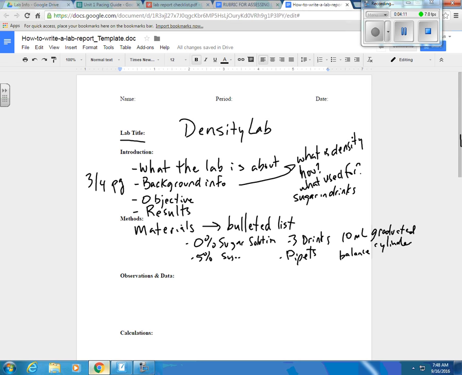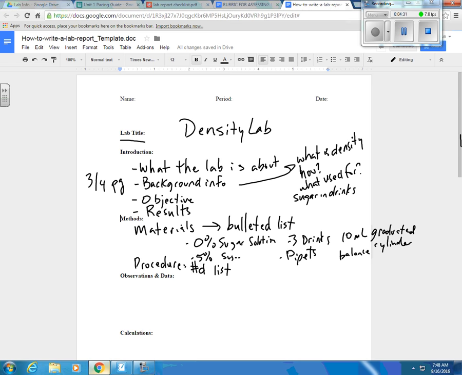Then you're going to have your procedure. Your procedure is going to be a numbered list. Step number 1, what did you do? Step number 2, what did you do? So you're going to come up with a procedure.